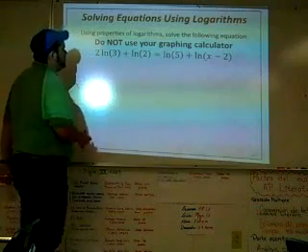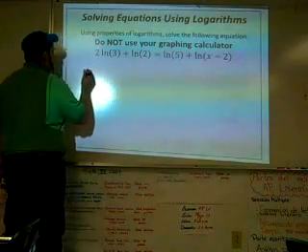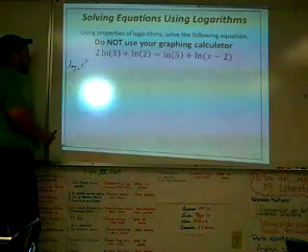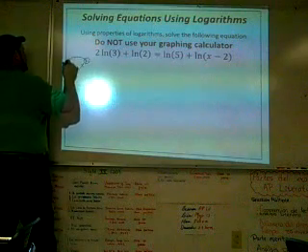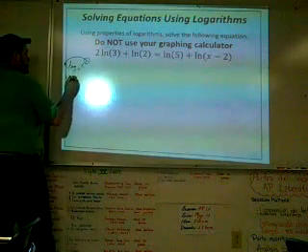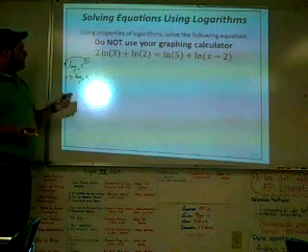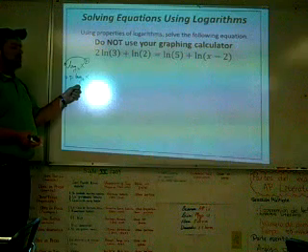But I do have a property for logs that says, if what's the property? It's the p in front of the log property. If I have the log of something raised to a power, I can bring the power down in front so that it's equal to p times the log base b of x. Because this is a mathematical equivalency, I can actually reverse it.